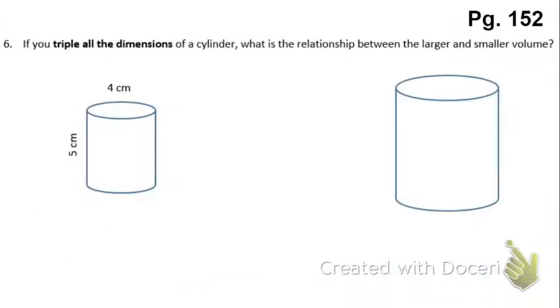I have a new object here. I wasn't lying when I said we're almost done. What kind of an object do I have here? A cylinder. Which one have they given me information about? The smaller one. What do we know about this cylinder?